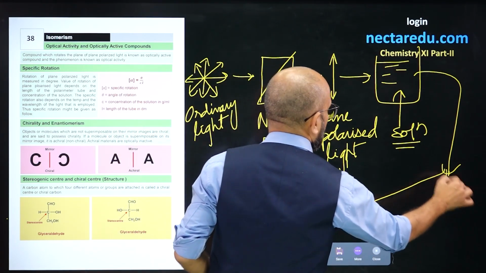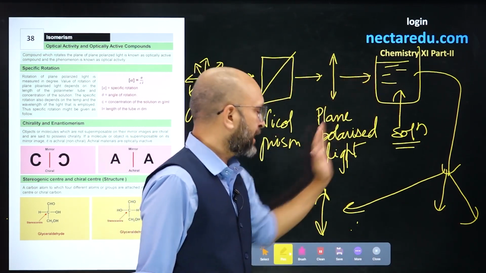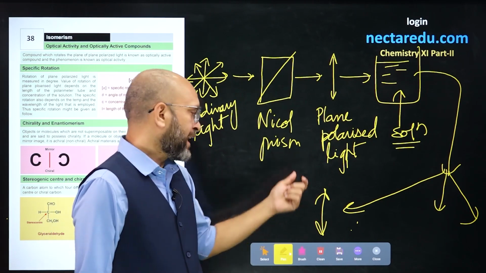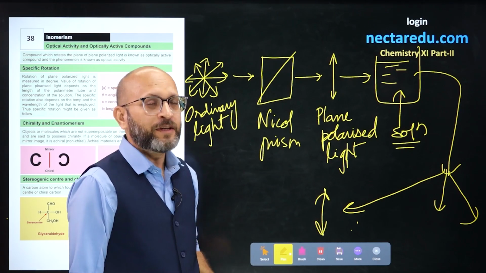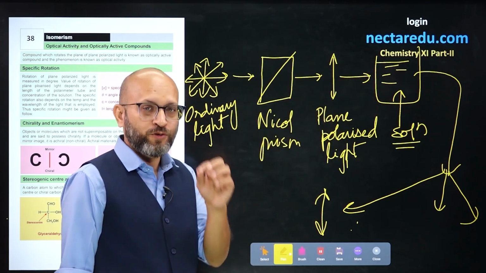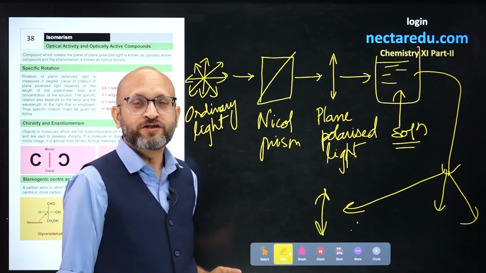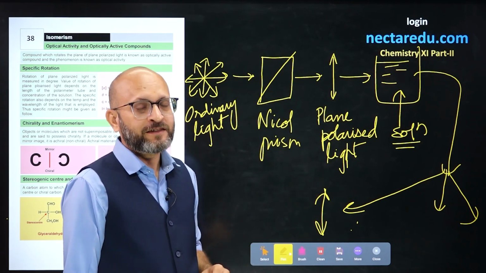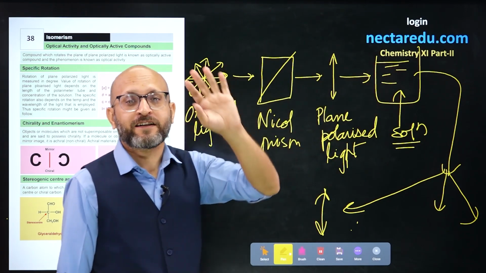Either the plane polarized light goes through and comes out the same way. That means the solution has not rotated plane polarized light. That means the organic compound whose solution we have taken is optically inactive. No rotation of plane polarized light means the organic compound taken in the solution is optically inactive.